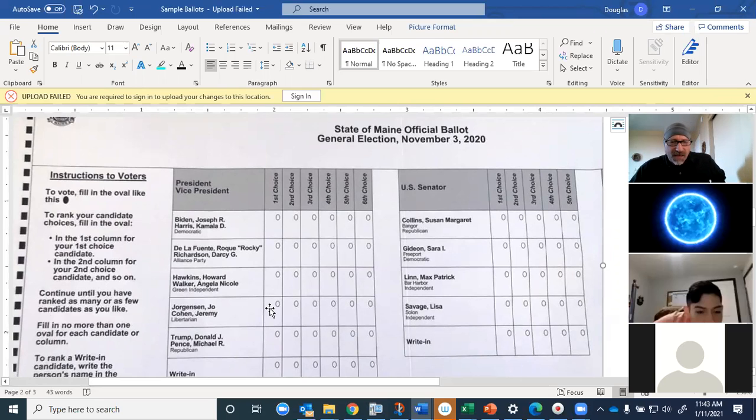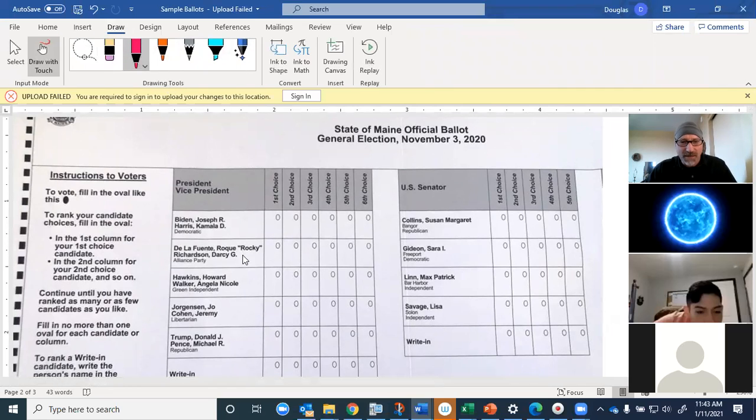That means if you wanted Rocky de la Fuente, if you were in Maine, you could have voted for Rocky and put him first. And you might have wanted Howard Hawkins second. So you could say, here's my number 1 and here's my number 2, and I don't want anybody else, I don't care about them.